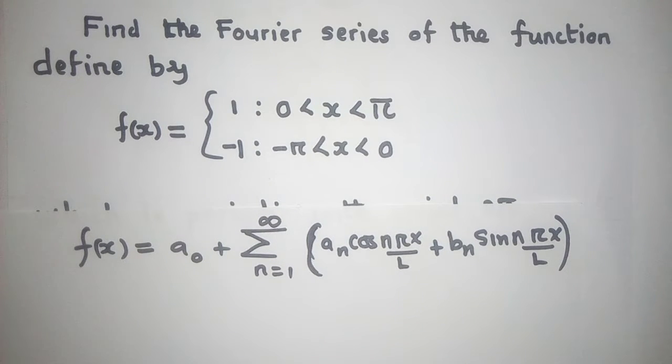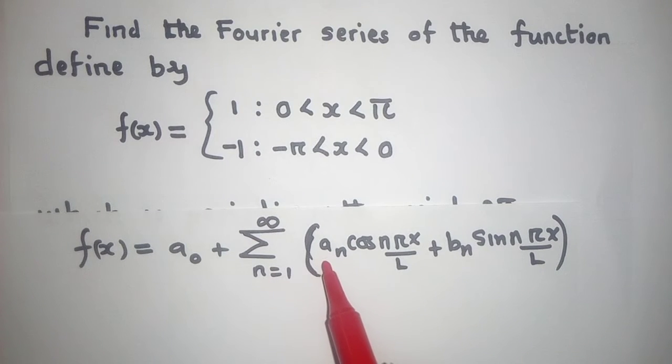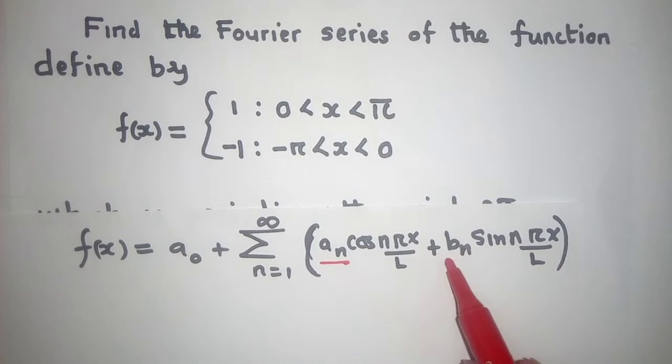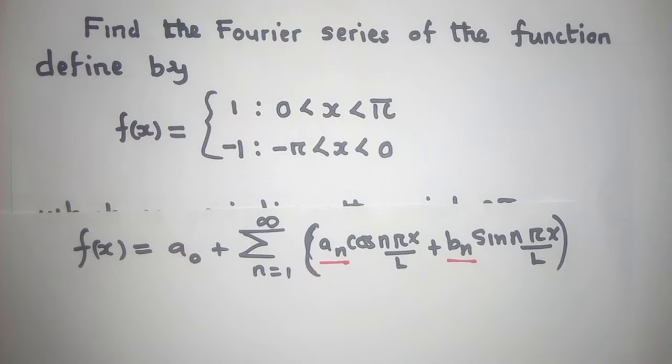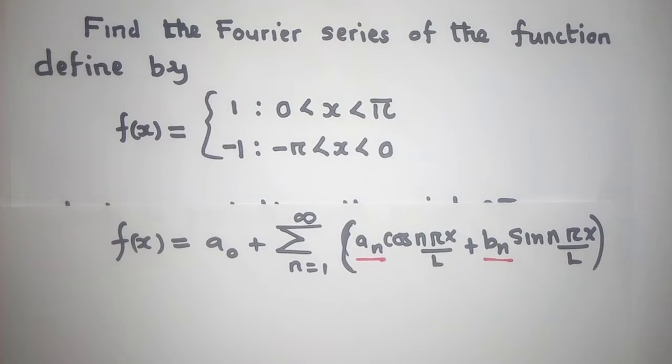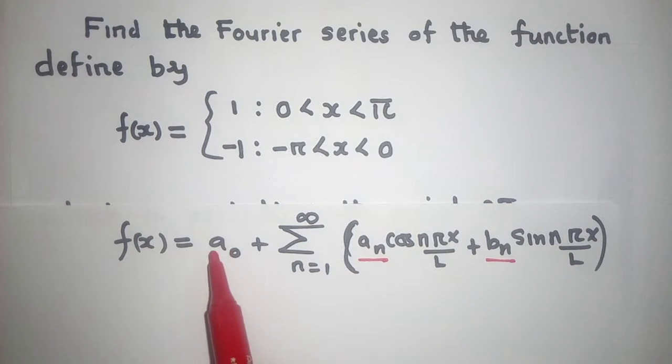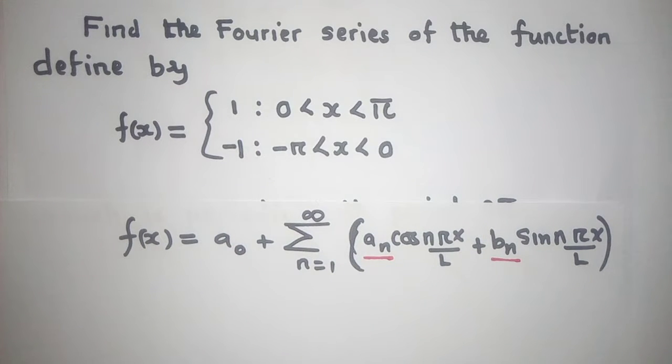And we know that this is a coefficient. This is a coefficient right here, and this is also a coefficient. So now we also need to understand the formula to find a naught. So what is the formula for finding a naught?